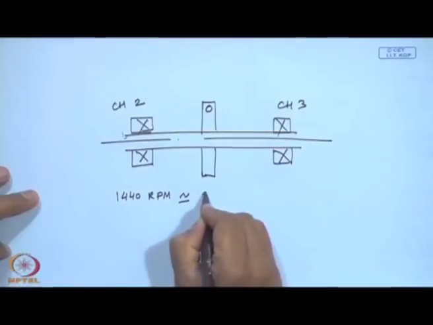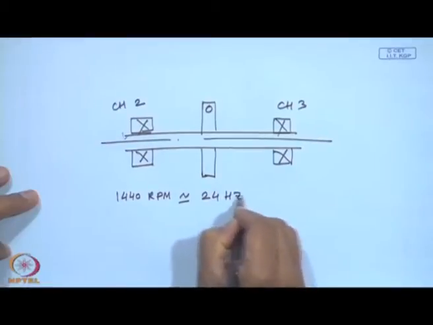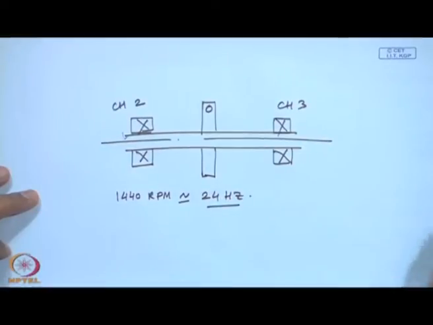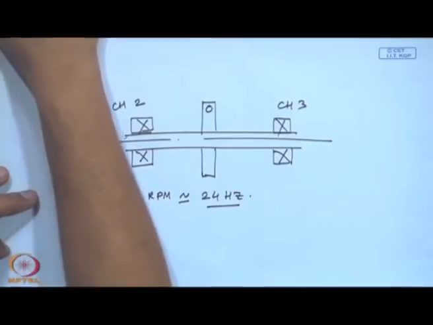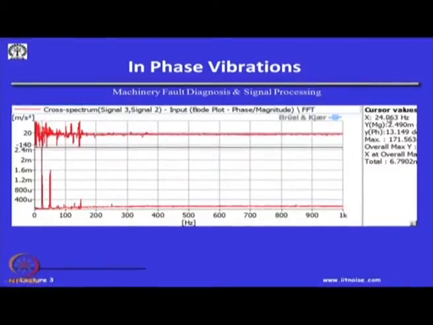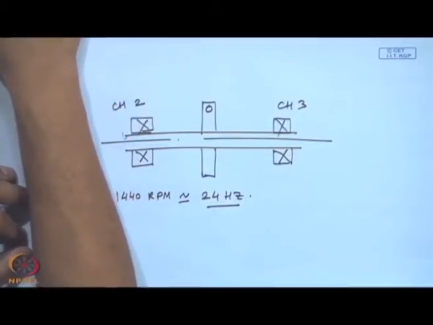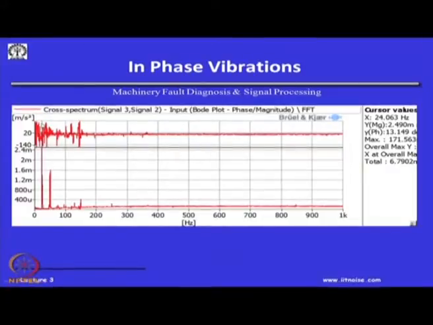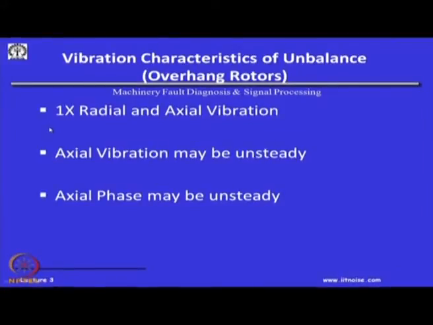This corresponds to about 24 hertz. And you can see this is about 24.063, because this is what the shaft was finally rotating at, 1440 rpm.